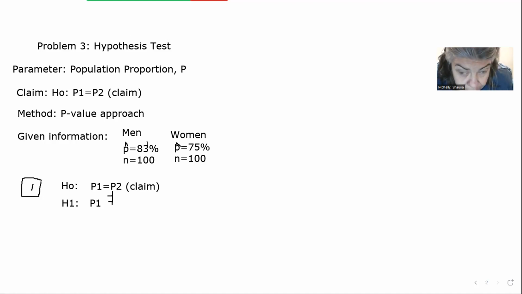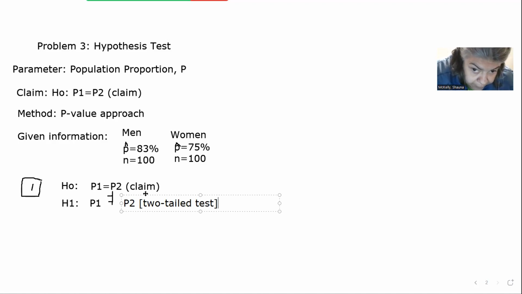So P1 is not equal to P2. We know that this is a two-tailed test. And those are my pieces, right?